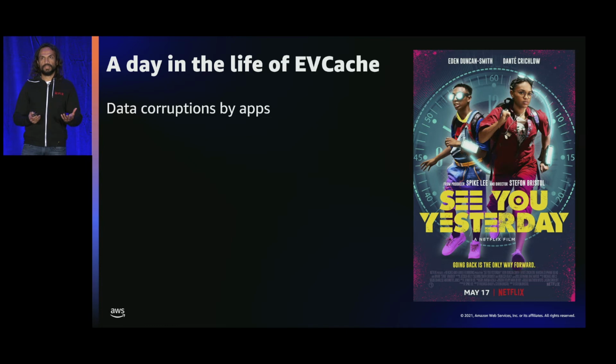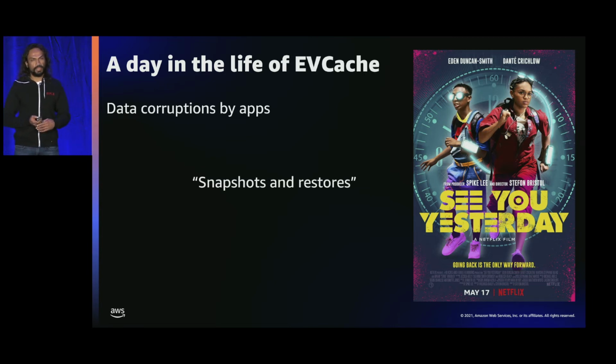In such situations, the traffic gets disturbed because they cannot read the correct data from EVCache. To safeguard EVCache from such corruptions, we have implemented a backup feature that snapshots caches at certain times. So if there's a corrupted data set, you can go back in time and restore an older data set.